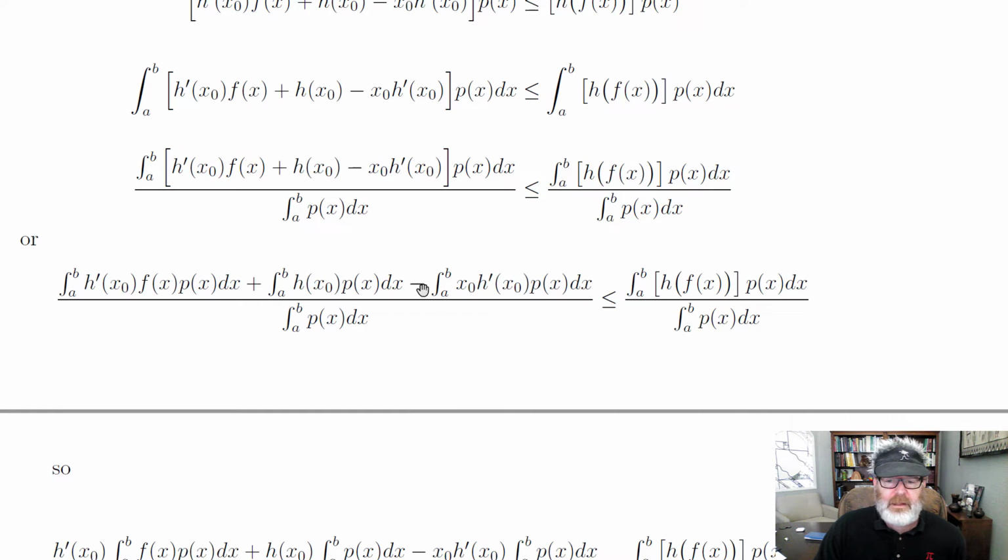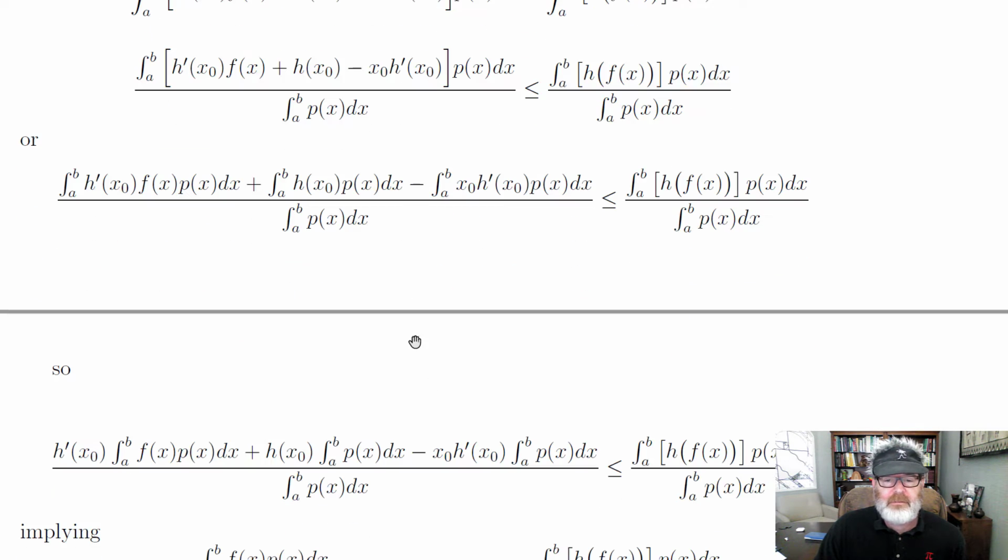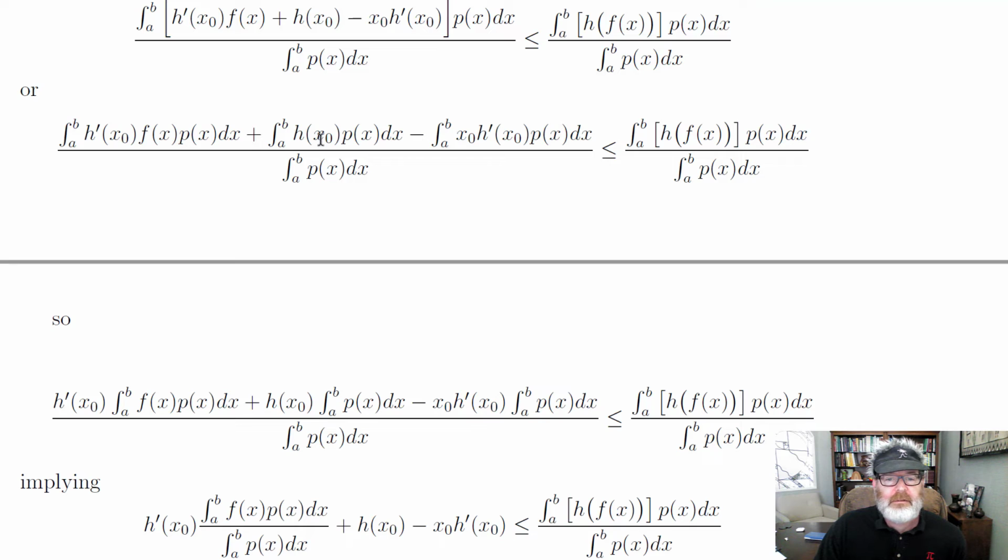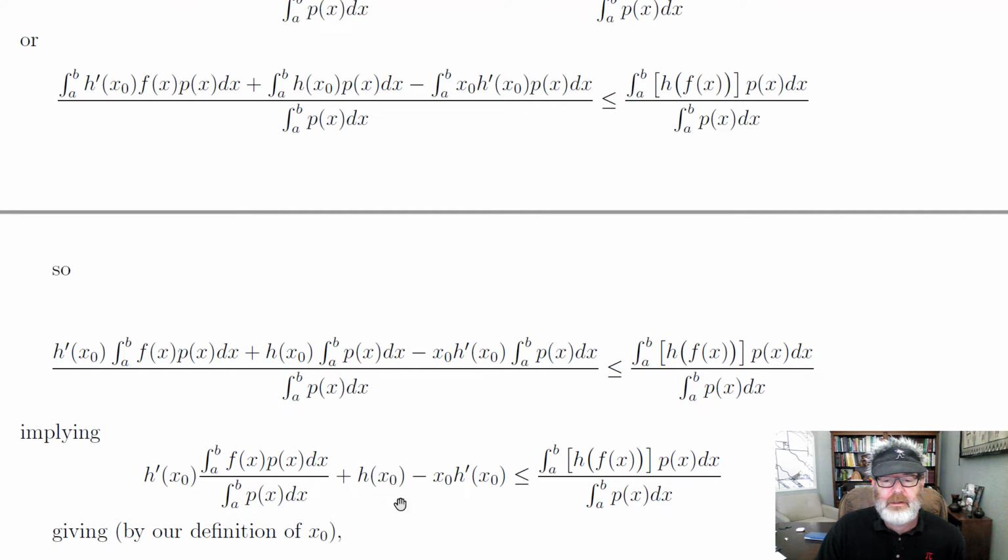And there's a lot of constants here, so if you factor out the h of x naught and the x naught h prime of x naught, we now have these integrals, and now divide by the integral of p into all 3 terms. Of course, here the integrals of p will cancel, so you just get these 2 quantities. And then over here, I get h prime, that got factored out, and then integral of f p dx over integral p.